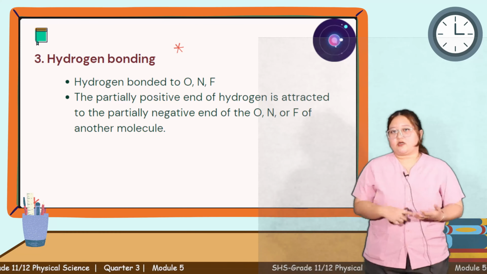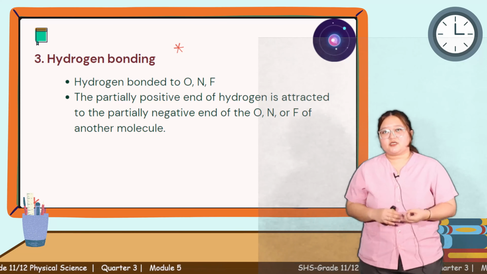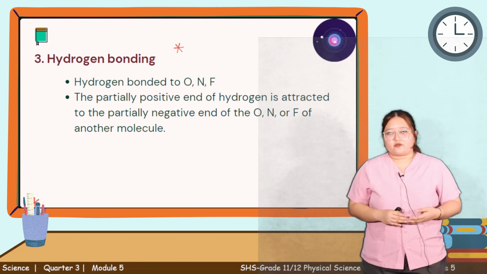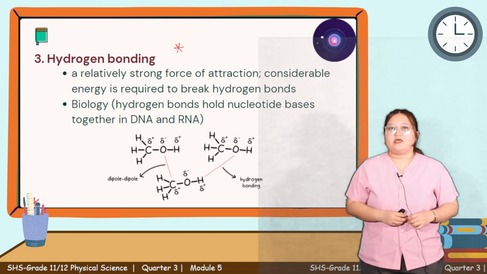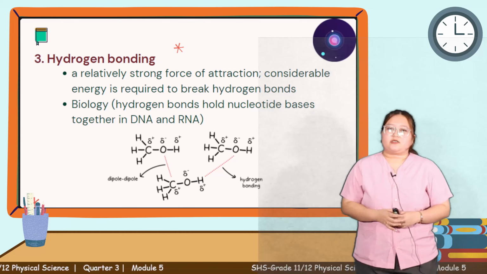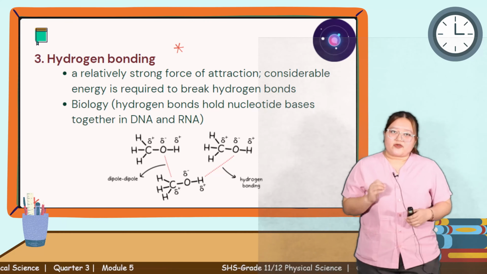So what happens here is that the partially positive end of hydrogen is attracted to the partially negative end of the oxygen, nitrogen, or fluorine atom of the neighboring molecule. Given that fact, this is a relatively strong force of interaction. So it means a considerable amount of energy will be needed to break these hydrogen bonds.